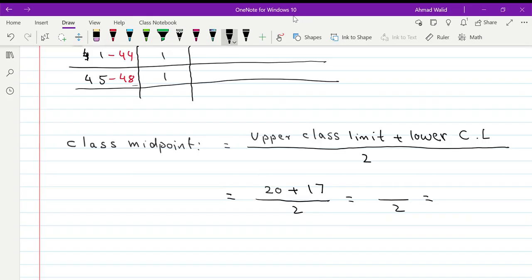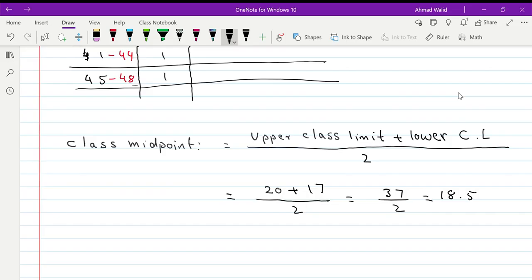That's a small mistake. 37 divided by 2 gives you 18.5. Of course, between 20 and 17, the midpoint is 18.5.